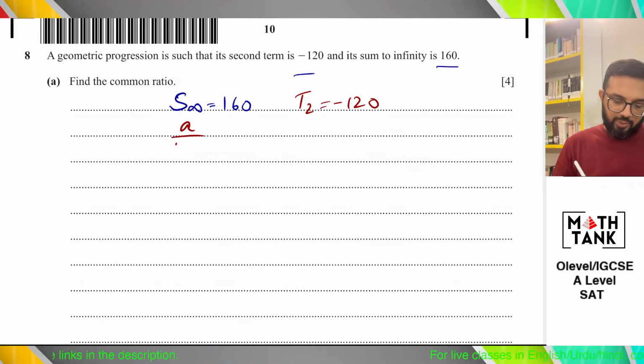So a over 1 minus r is 160 and ar is minus 120.